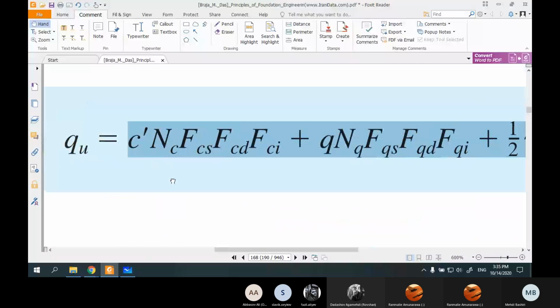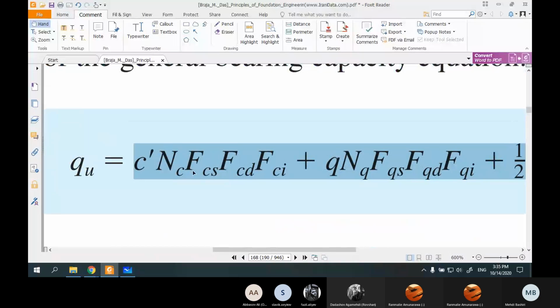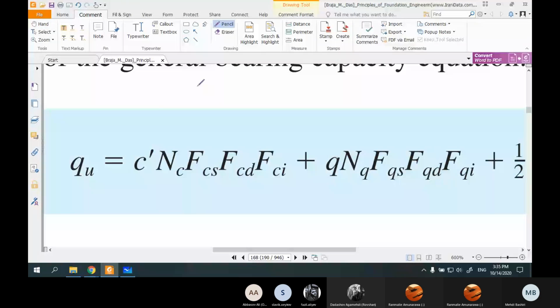First, F stands for factor. You can see that in each part, all these subscripts are C. It means these factors are for the C term.